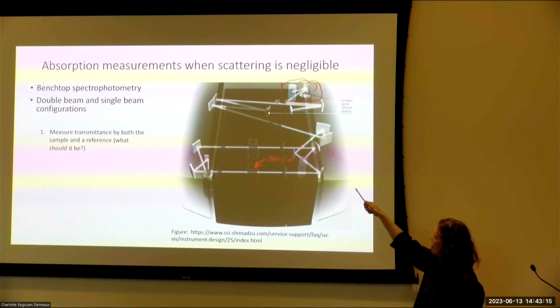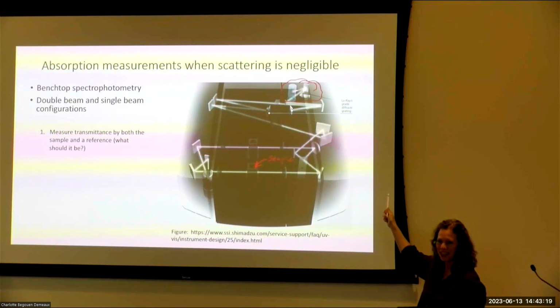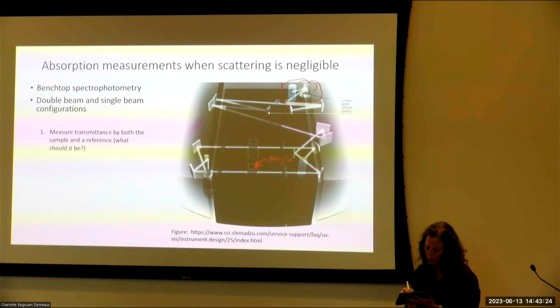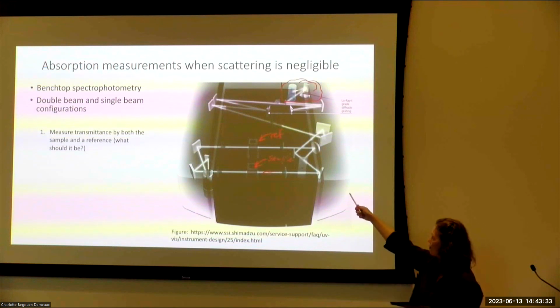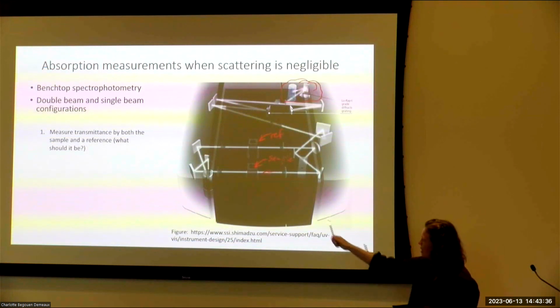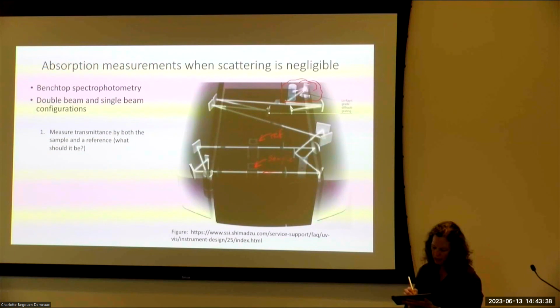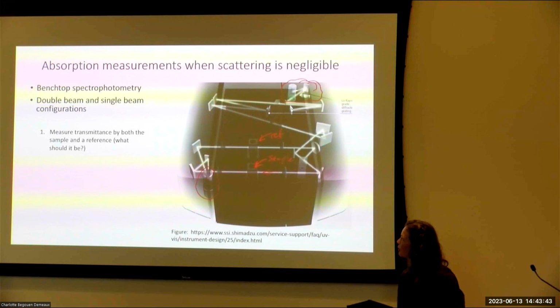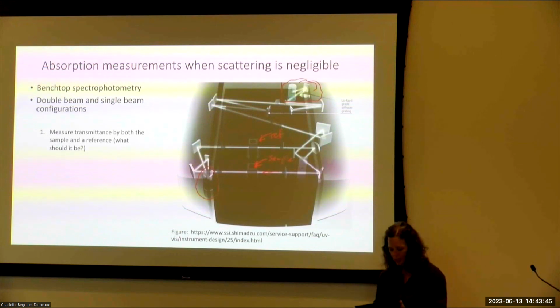It's a complicated set of mirrors and gratings, and the light passes through both the sample and a second simultaneous cuvette for reference. The light gets split, goes through both at the same time, and then gets collected by a detector. Okay, so this is the guts of how the spectrum comes. So we need to measure the transmitted light by both the sample and the reference.